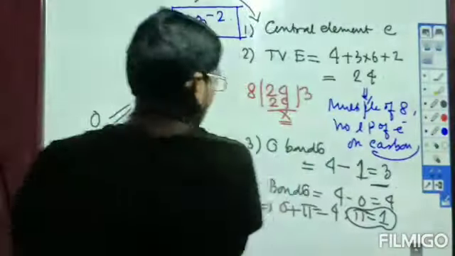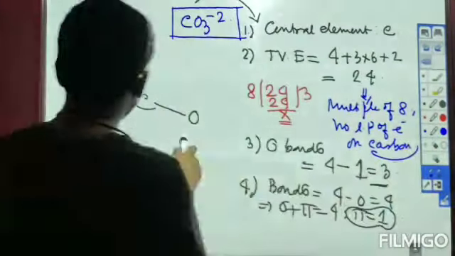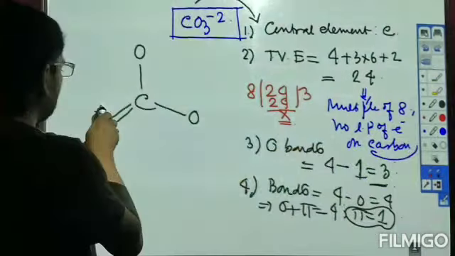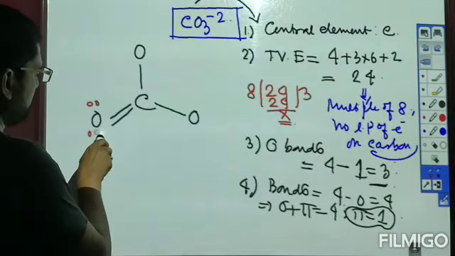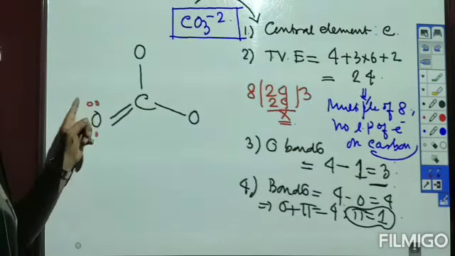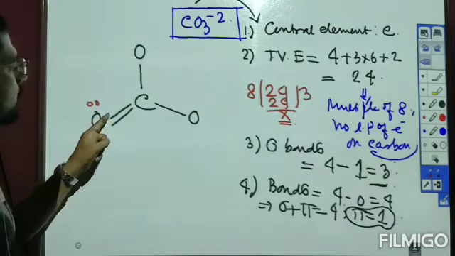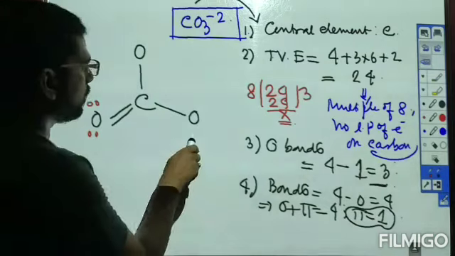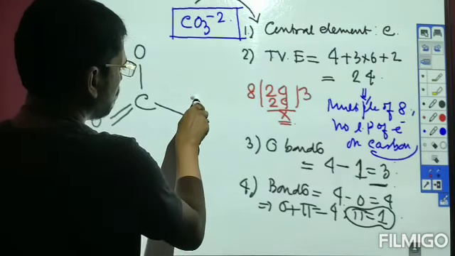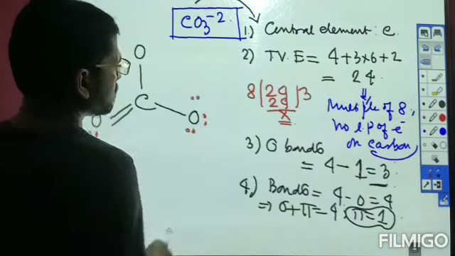Okay, so how many electrons will be here? See, oxygen has 6 electrons: 1 2 3 4 5 6, and this oxygen 2 4 6.